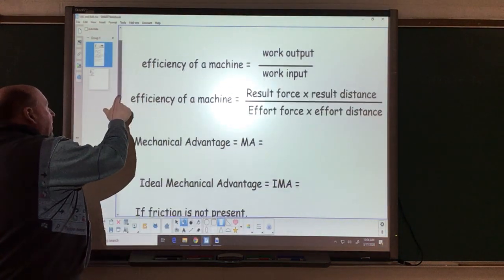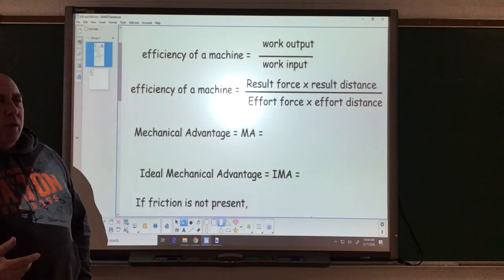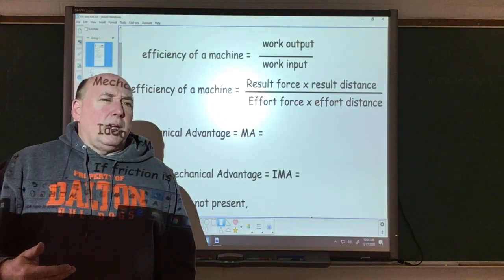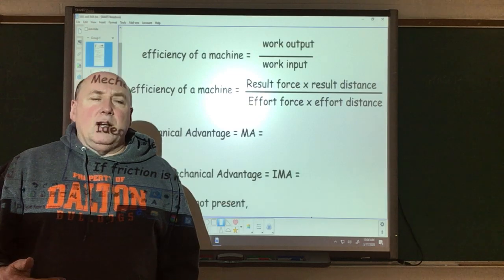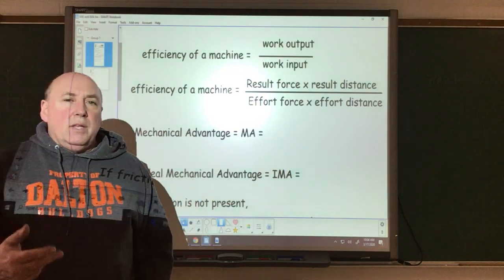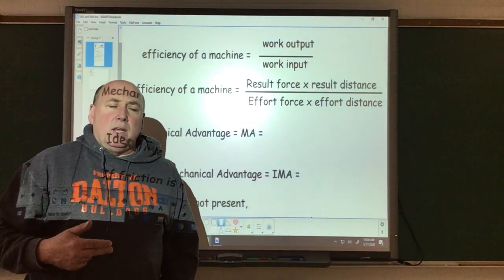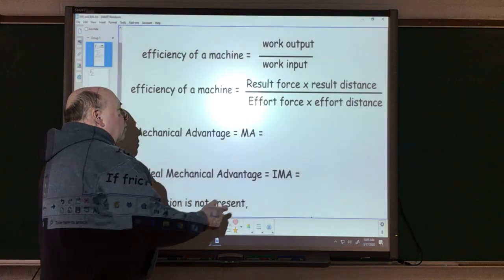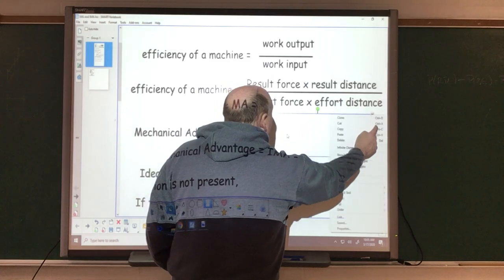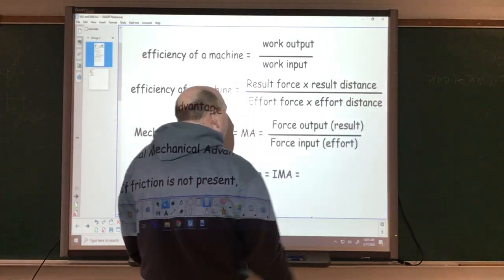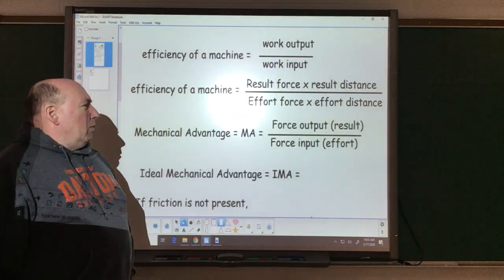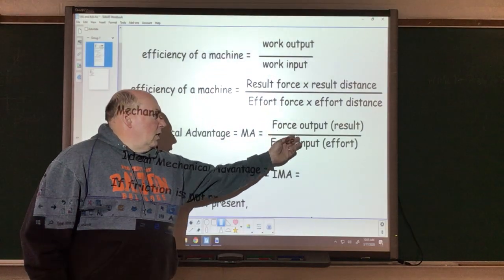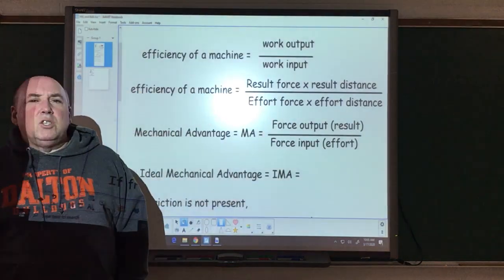Two other new ideas we're going to talk about: another way we can calculate efficiency is by looking at what is called mechanical advantage and ideal mechanical advantage. These are two other quantities that can be calculated with respect to a machine. Mechanical advantage is calculated by force output, that's your result force, over your force input, that is your effort force.